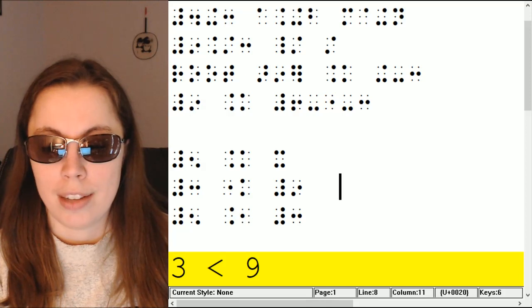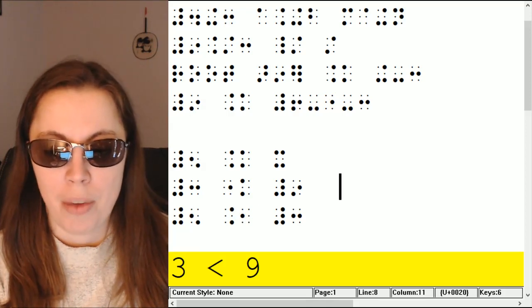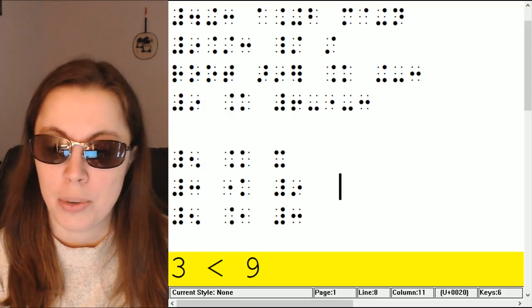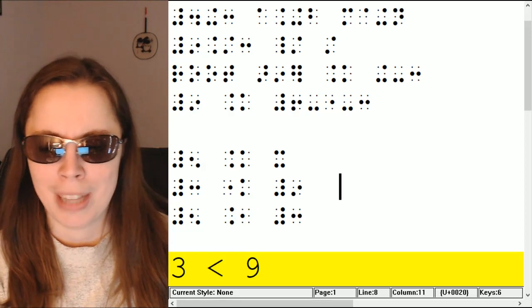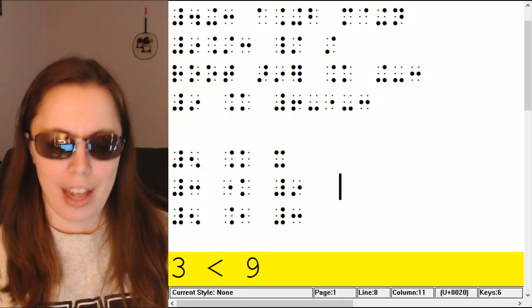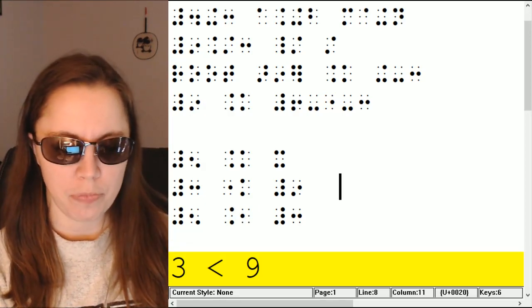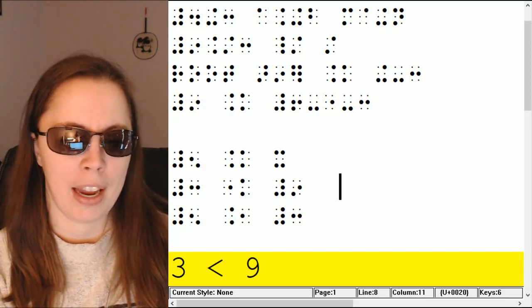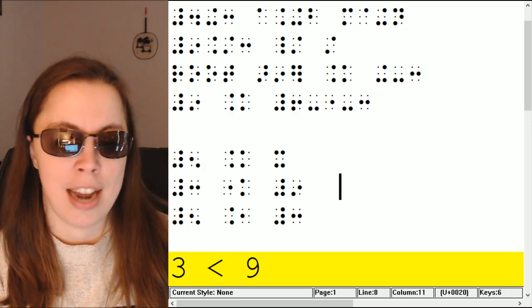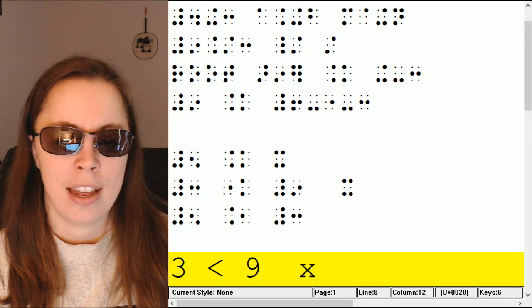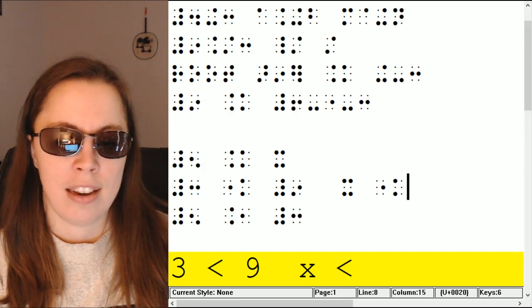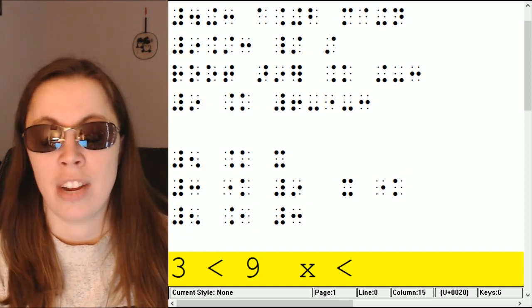Those use a standard shape formation in Nemeth that we use whenever we add a line to a shape. You'll see it again later when we do line segments and you put the line over the letters that name the line segment. But if I wanted to make x less than 9, I could do x is less than 9, we already did, or less than or equal to.